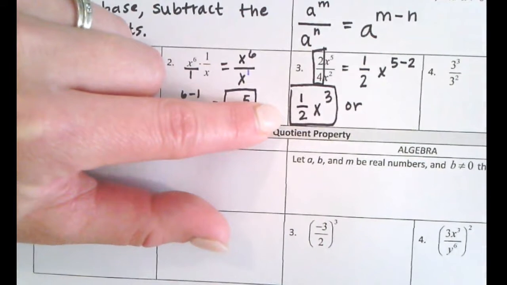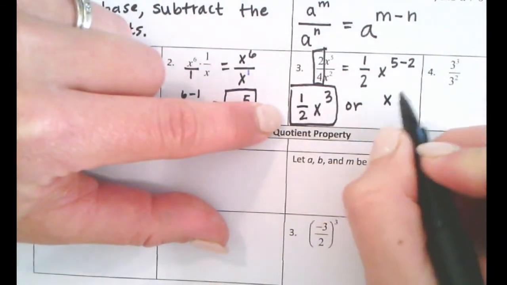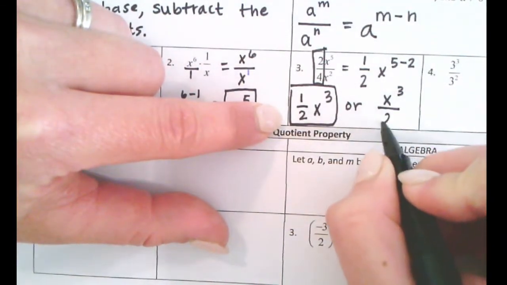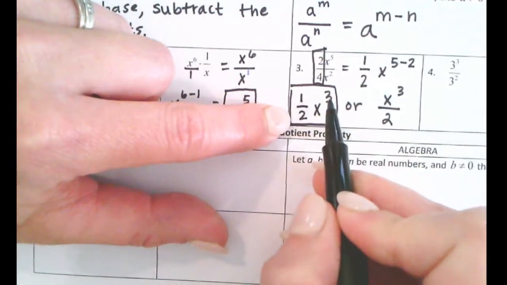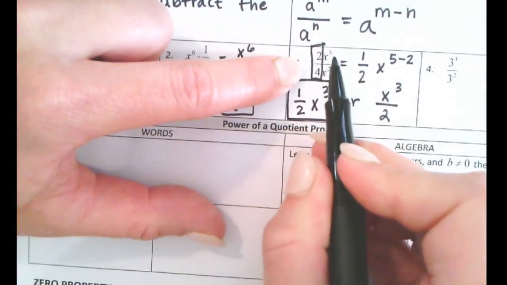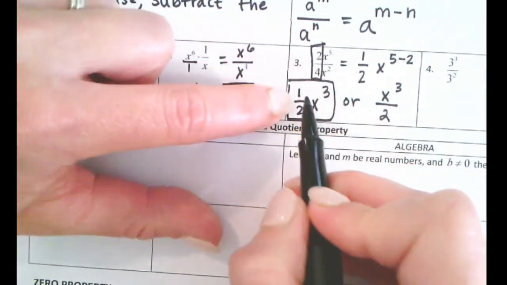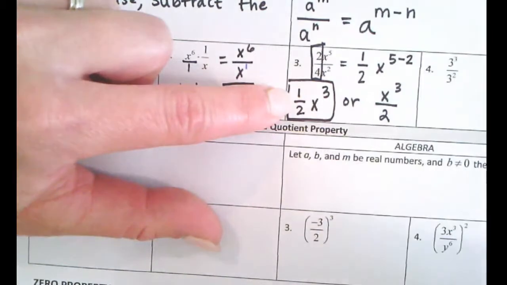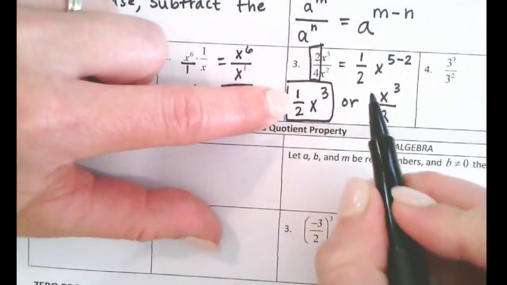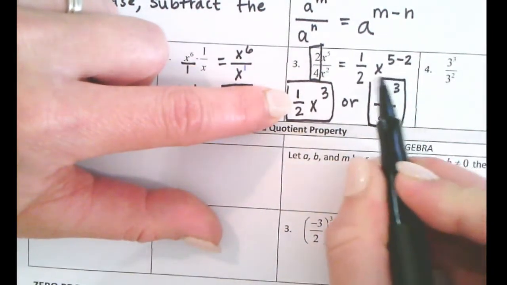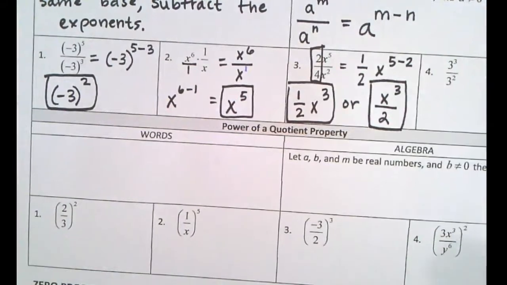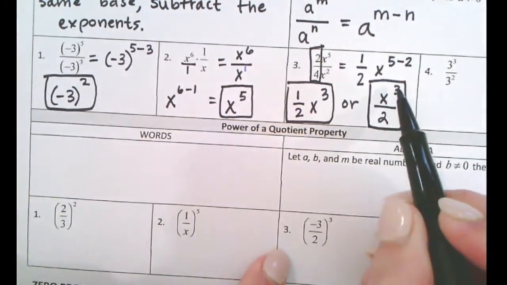Or we can actually write this as x cubed over 2, because this x cubed here is actually in the numerator from that 5 minus 2, and this 1 is understood as a coefficient. So this is another option of how you could write your answer. Same as 1/2 x cubed.